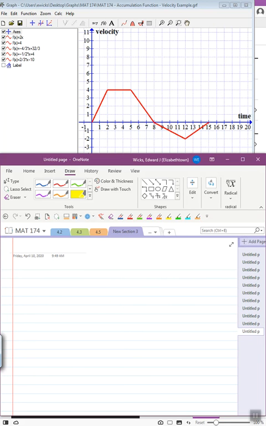Okay, last question for you. What is f of 15?